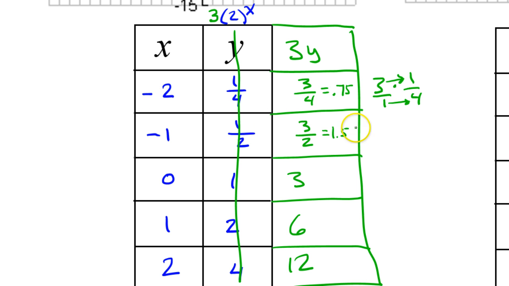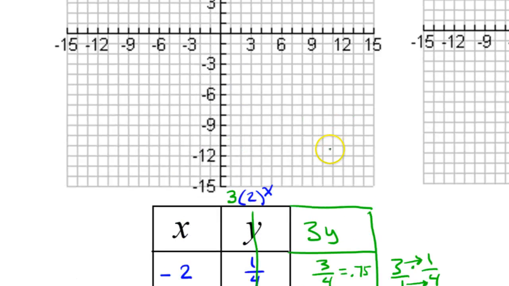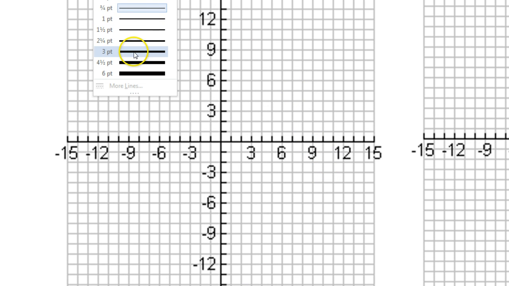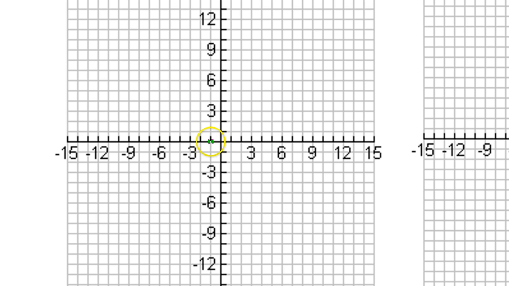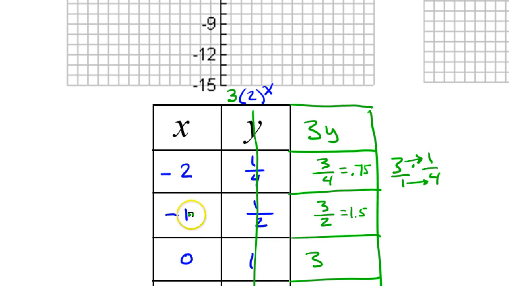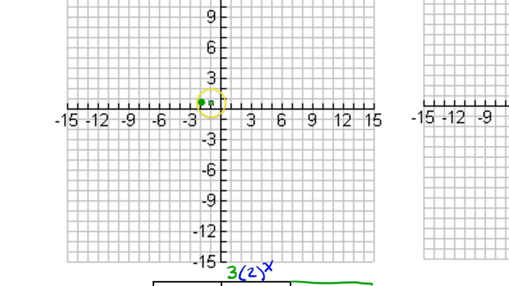But let's go ahead and plot these points. So I've got -2, 3/4, or 0.75. So if I plot that, -2, and then 3/4 is going to be like here. And then I've got -1 is 1.5. So at -1, I'm at 1.5.